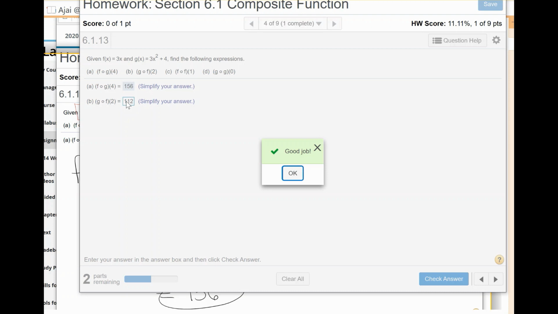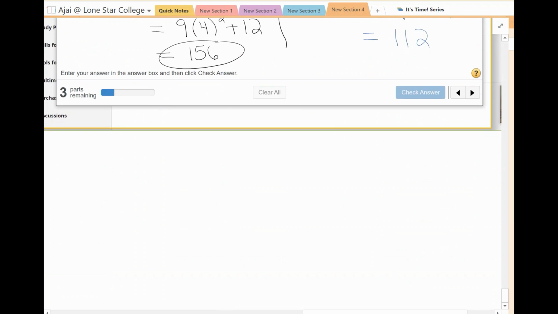And then C and D, they go the same way. If they're asking you to find f of f of 1, you're doing a composition within itself. The first thing you do is go to the f function and you put 1 wherever you see x.